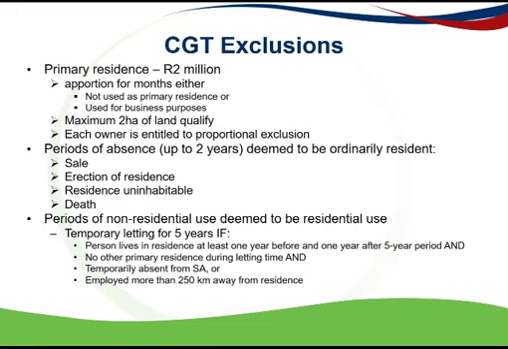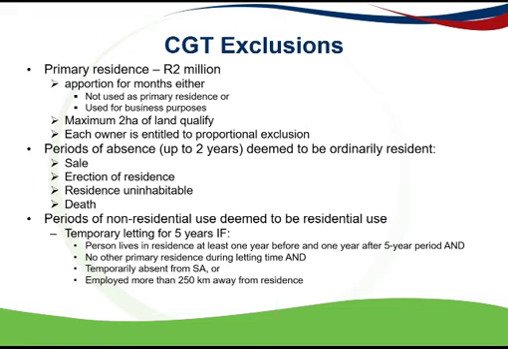And one is a very specific situation where the taxpayer lets out the residence for 5 years, and it will be excluded from the calculation or deemed to be part of the residential use, but in very specific circumstances, where the person lives in the residence for at least 1 year before and 1 year after the 5-year period, and they have no other primary residence during that 5-year letting time, and they are either temporarily absent from South Africa or they were employed more than 250 kilometers away from the residence.